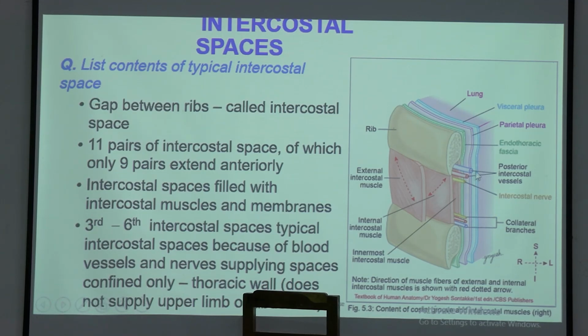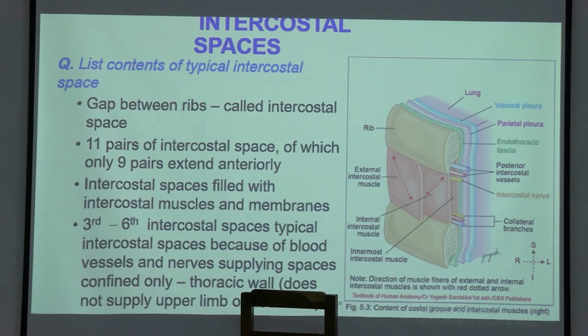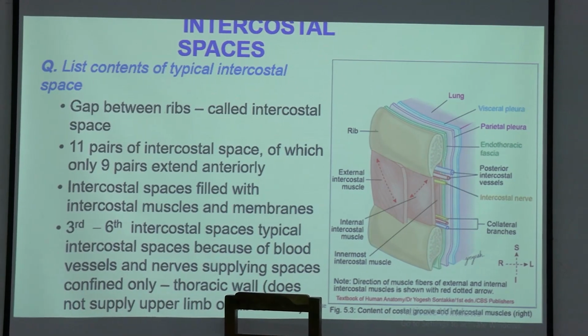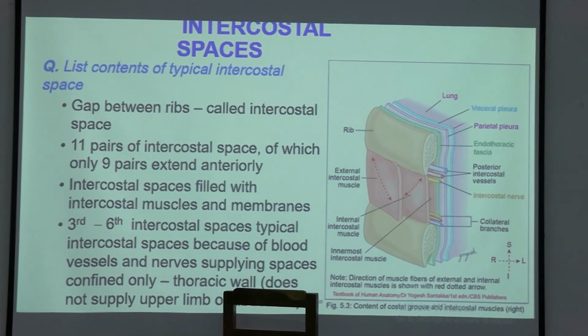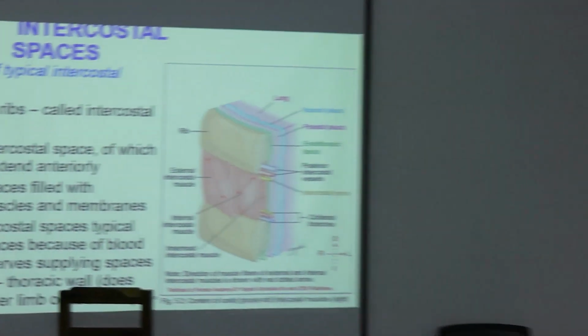And in between we find these neurovascular structures. From above downwards, these are vein, artery and nerve, which is simply called VAN. In all the spaces you can find this relation of vein, artery, nerve, called VAN, except in the first space.